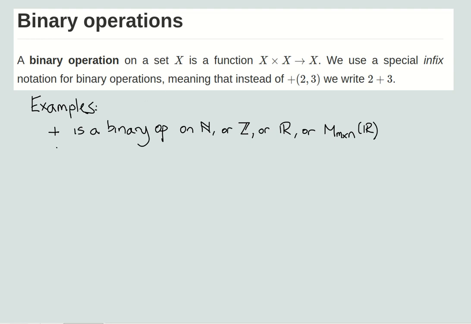Also, if we take subtraction, minus, that is a binary operation on the set of integers. If you subtract two integers, you get another integer, so this is a binary operation.